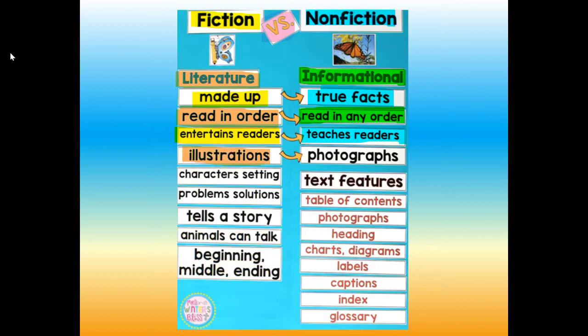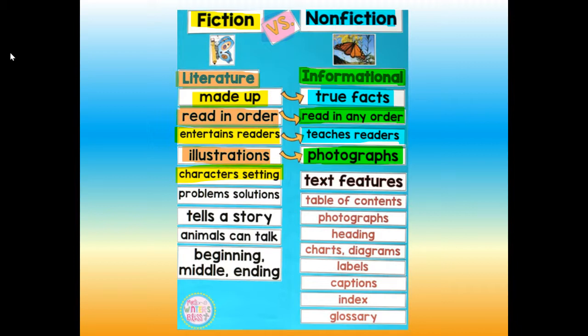Literature uses illustrations or drawings, whereas informational text uses photographs or pictures, real pictures. Literature has characters and setting, which means who is in the story and where does it take place. And like I said, Lucia's Neighborhood is kind of like a story, but it's a true story. So it does have characters and a setting.